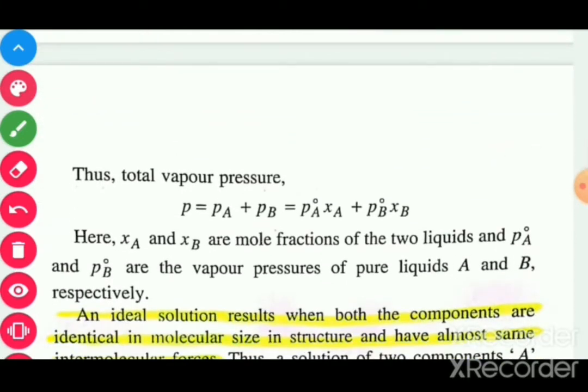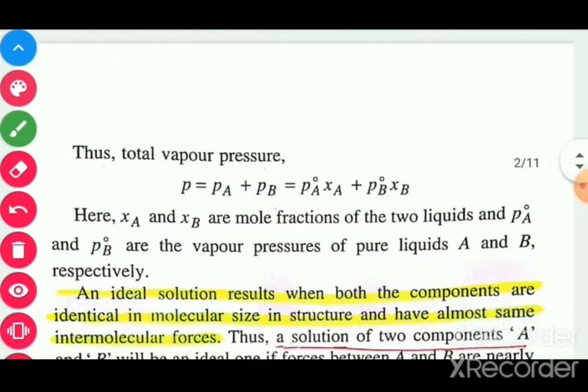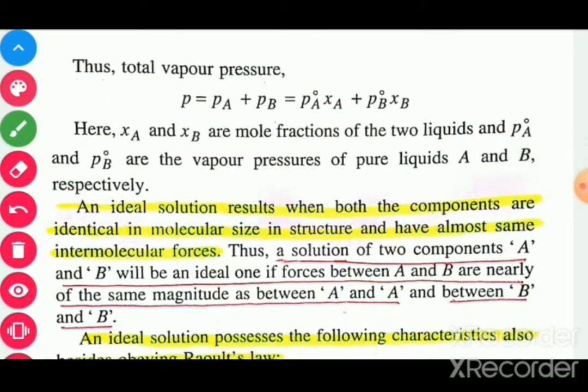Therefore, the total vapor pressure of the solution P is equal to PA plus PB. On putting the values, we get P naught A into XA plus P naught B into XB, where XA and XB are the mole fractions of components A and B respectively. P naught A and P naught B are the vapor pressures of the pure components in liquid phase.